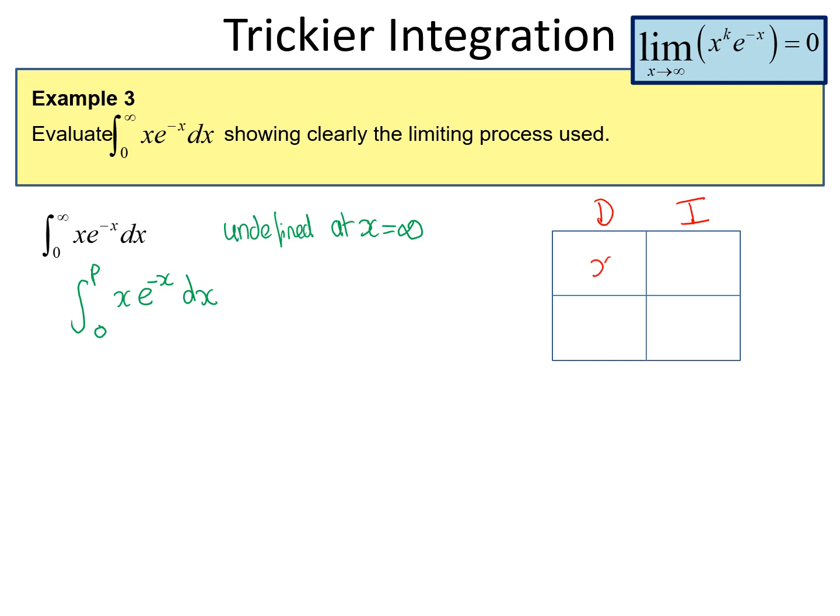So differentiate the x, because of LATE, which is the log algebra. Differentiating that gives you that. Integrate this, it's going to give me minus e to the minus x, isn't it? So this thing is equal to D for diagonal, and then integrate the two on the bottom.